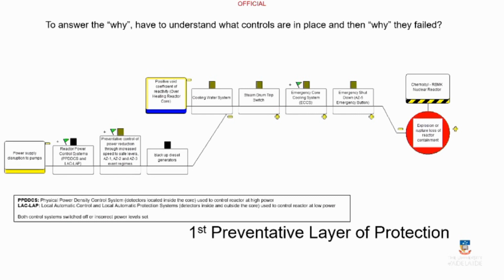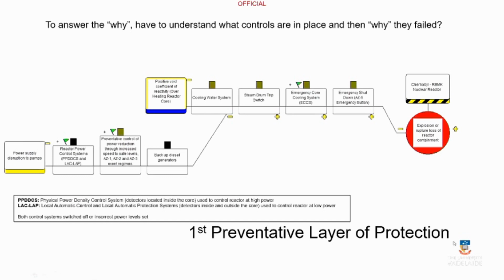So, if we're going to answer the why question, you have to understand what controls are in place and then analyse a bit why they failed. I've utilised the bow tie methodology to try and illustrate this.